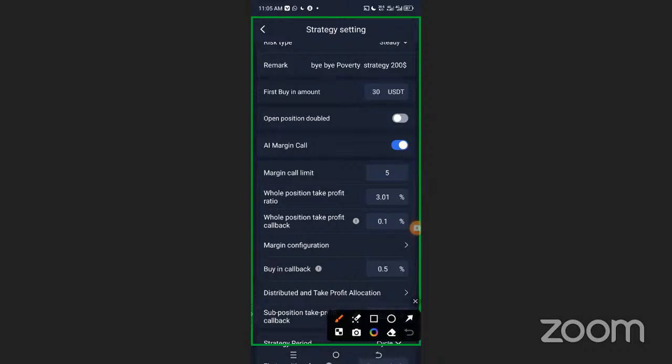You are commanding the robot that when the market rises by 3.01% and then it retraces down by 0.1, I want you to sell. That's what you are commanding the robot.